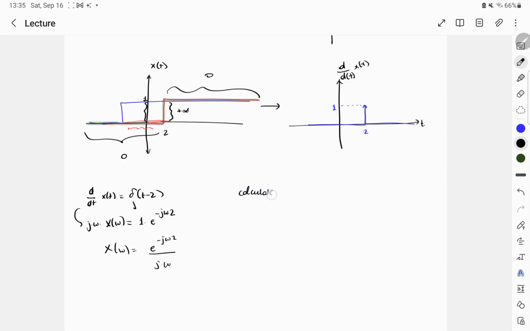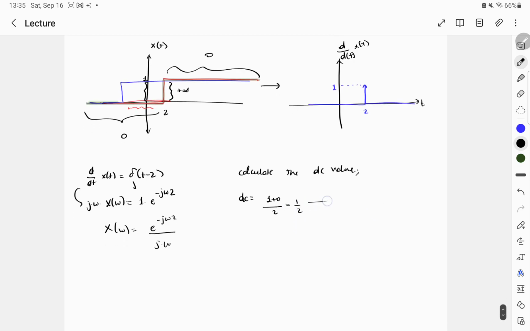We are just going to calculate the DC value. The DC value is just the average of the graph. We take 1 plus 0 over 2, which gives us 1 over 2. And let's take the Fourier transform of this. We remember how to find it: we just take the value itself, multiply it by 2 pi, and then multiply it with delta(omega).